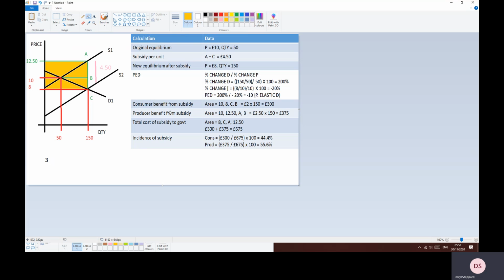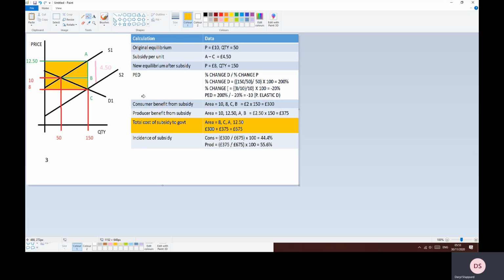The subsidy per unit multiplied by the number of products in the marketplace. Look, we've got 150 lots of £4.50, which will give us £675. So this subsidy will cost the government £675.